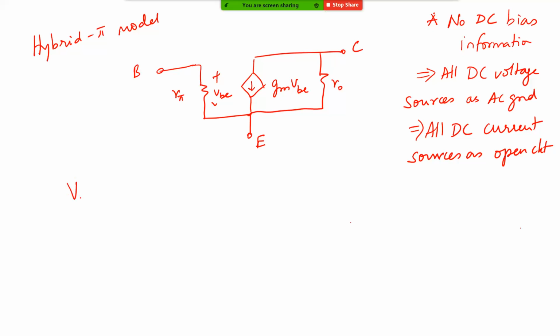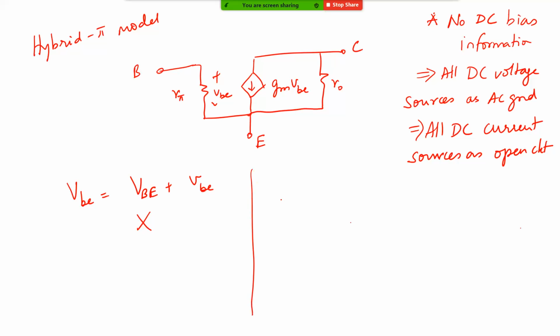The actual signal will consist of capital VBE plus the small VBE. In the small signal model, we do not take this capital VBE into consideration. That is eliminated from our representation here. The small signal model is only for the incremental voltage changes that happen around a given bias point.